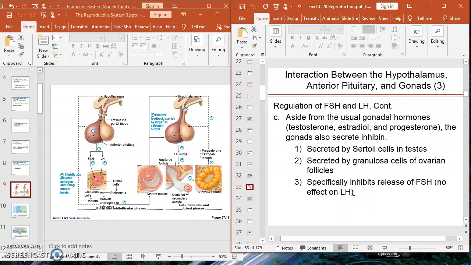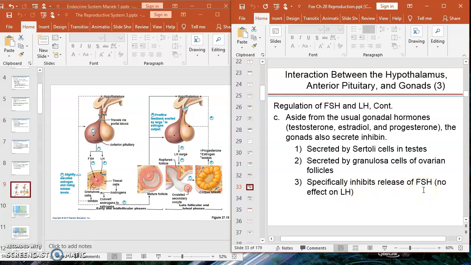So in addition to estrogen and progesterone inhibiting the pituitary FSH and LH, and inhibiting the hypothalamus gonadotropin releasing factor, inhibin will also inhibit secretion of FSH, but not LH. Okay?